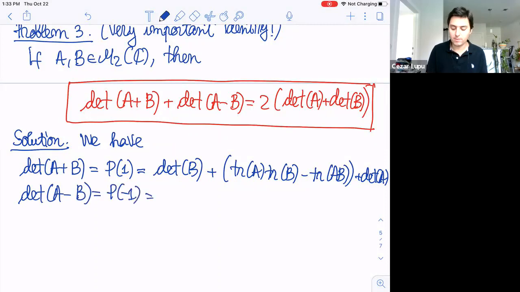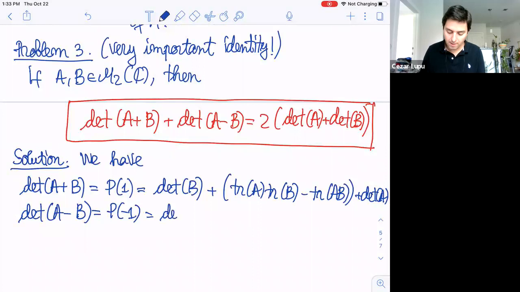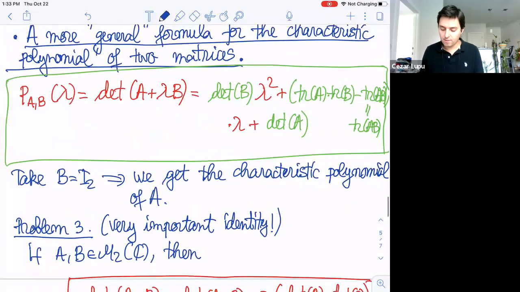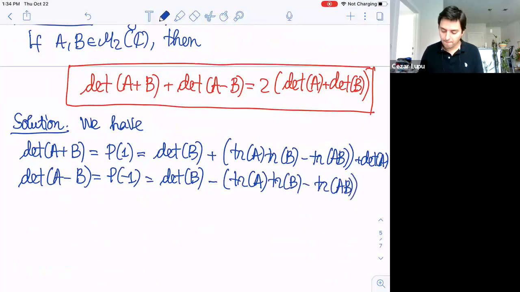So we just take lambda to be -1, and it will be the determinant of B, because -1 squared is 1. And this guy here will be negative. So it will be negative trace of A, trace of B, minus trace of AB, plus the determinant of A.